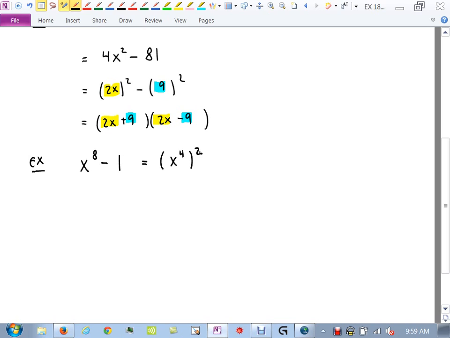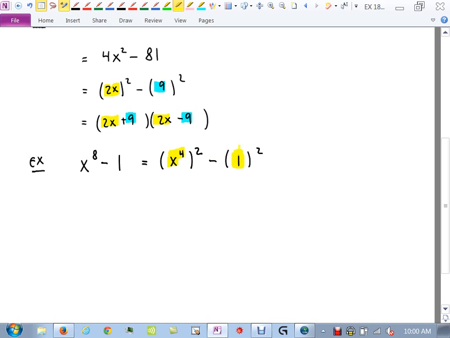Because the property of exponents says that if you have something to a power, you multiply the powers. 4 times 2 is 8. So isn't that right? And then I could say minus, and now I could rewrite 1 as 1 squared, couldn't I? 1 squared is 1. So that's the exact same problem. I have created an A, and I've created a B, haven't I?